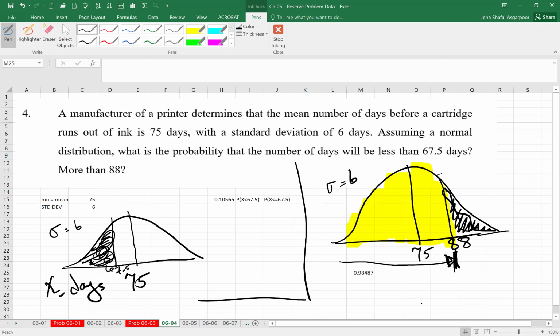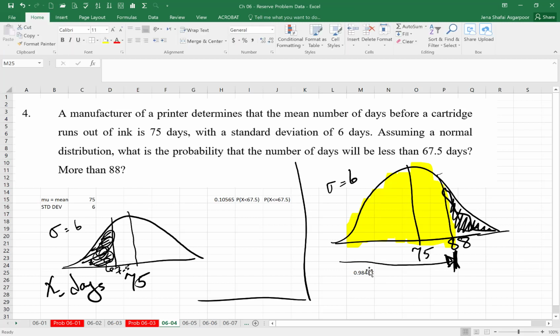So this right here is the probability that x is less than 88. So to find the probability that x is greater than that, I would have to take 1 and subtract from it this value that I computed.